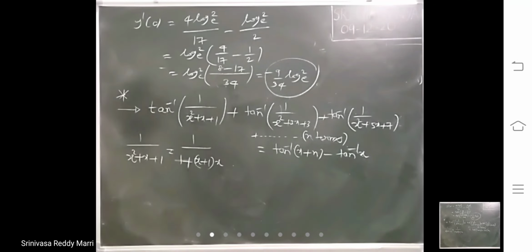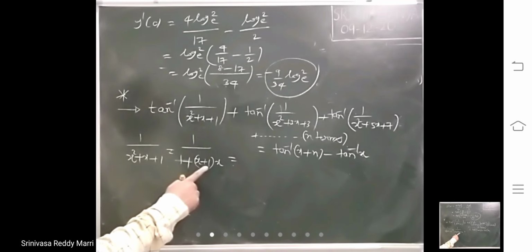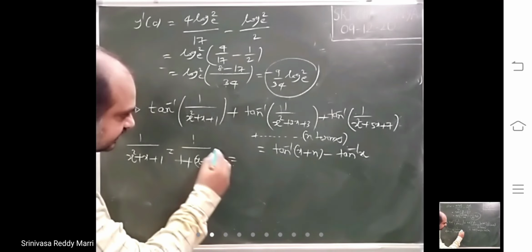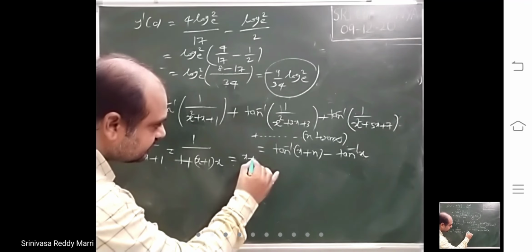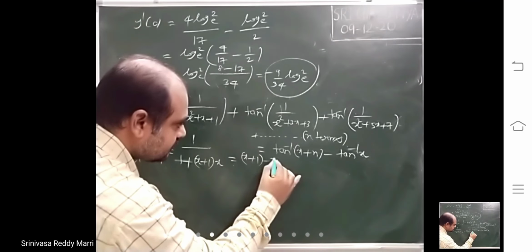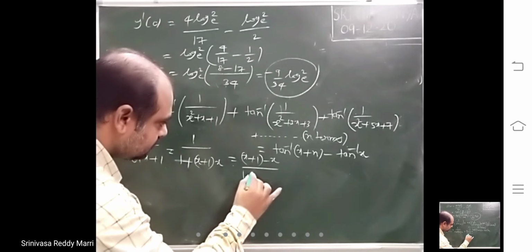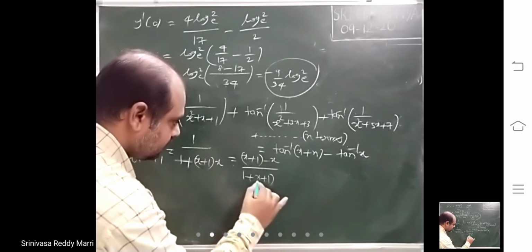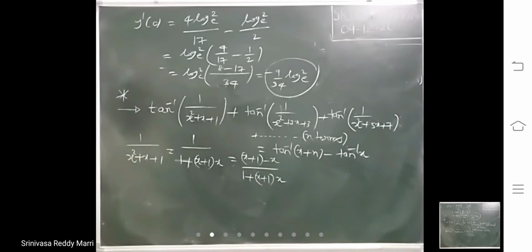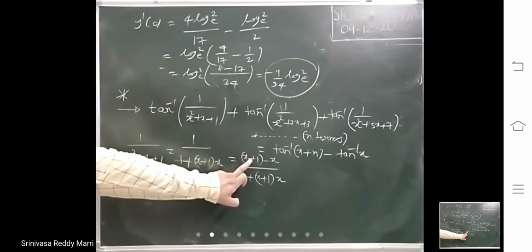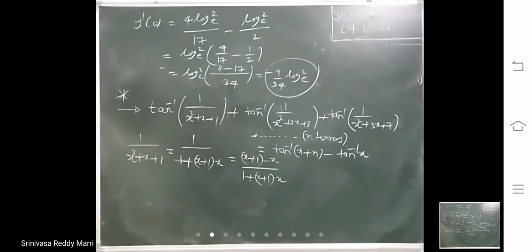This is x, this is y. So x minus y is 1, and that 1 you can write like this. So I have converted it into the form x minus y divided by 1 plus xy. Like that every term. Look at the second one.